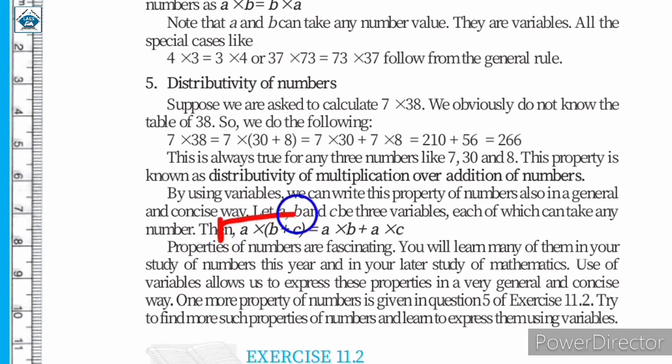So here we have the rule in general. A multiplied by (B plus C) is equal to A multiplied by B plus A multiplied by C. So this is the distributivity of multiplication over addition of numbers in general using the variables A, B and C.